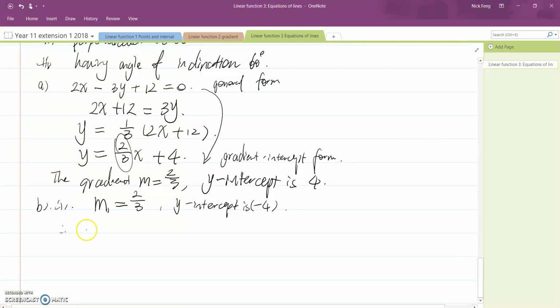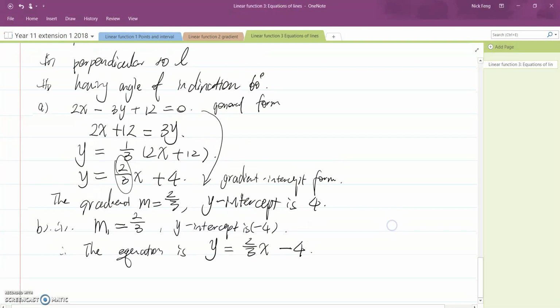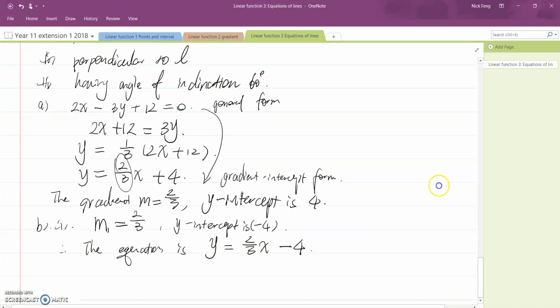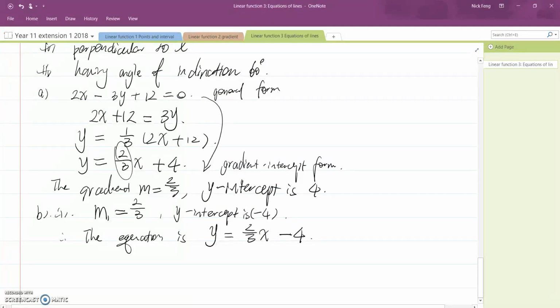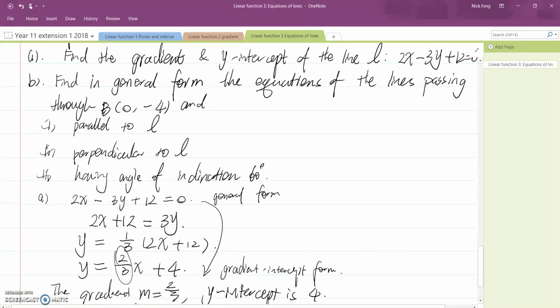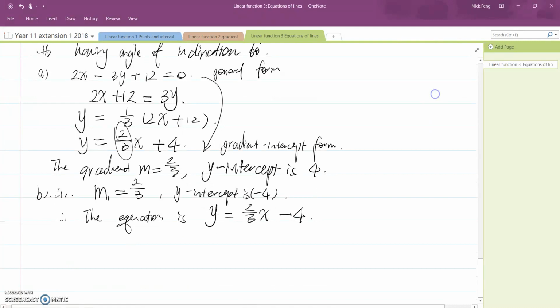So the equation is y equals 2/3 x minus 4. Okay, you can leave it this way, however the question specifically asks to find it in general form. So we have to change this into general form.